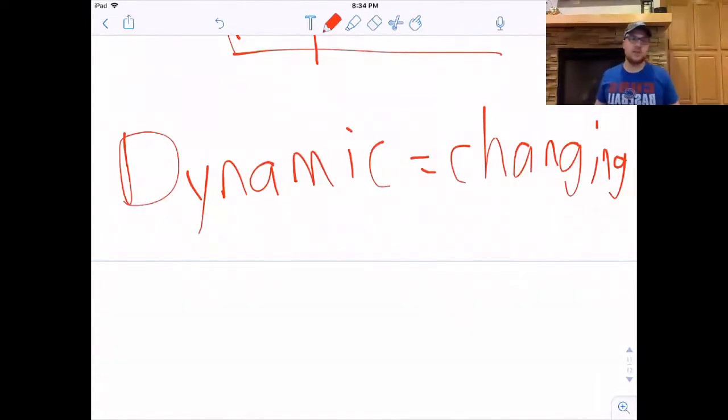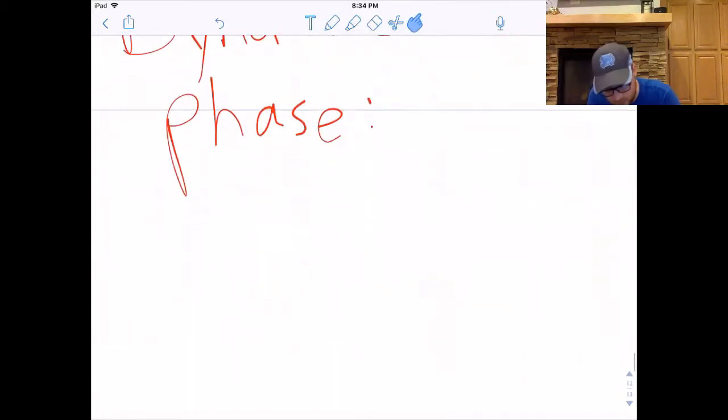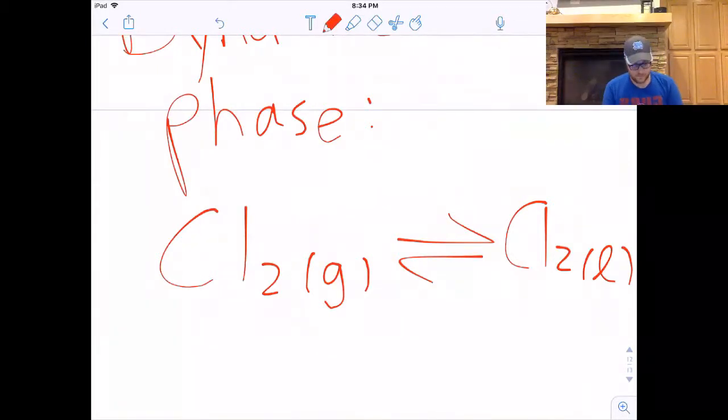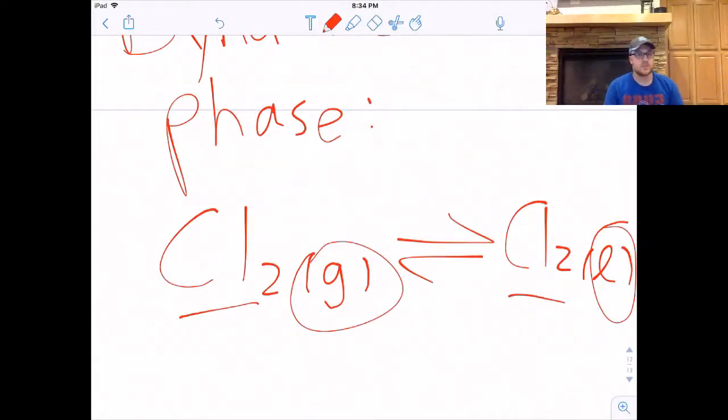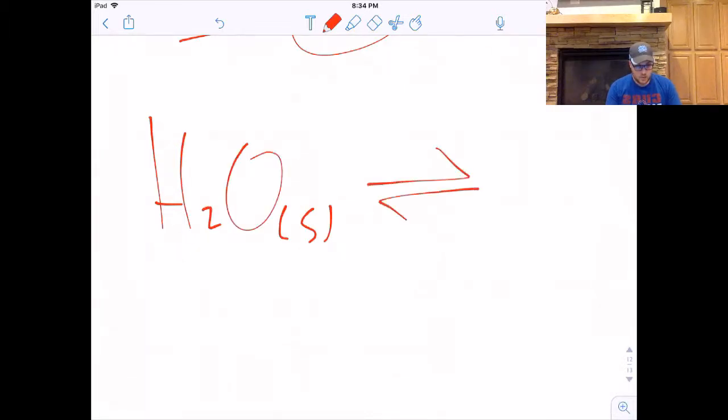So that just means if you have chlorine gas at equilibrium with chlorine as a liquid, the phases are what's changing, but the substances themselves are staying the same. So that would be phase equilibrium. If you found the perfect temperature where water is both melting and freezing, you have phase equilibrium. Look for a change in phase, but no change in the substance that's changing phase. Okay? So that's phase equilibrium.